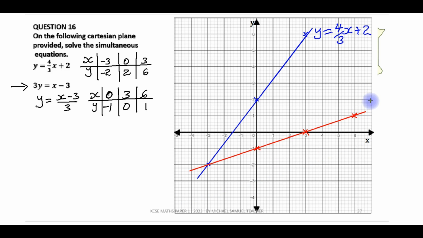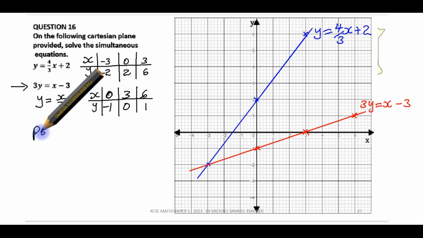So this is the equation 3y is equal to x minus 3. Now to solve the simultaneous equations, this is the point of intersection.